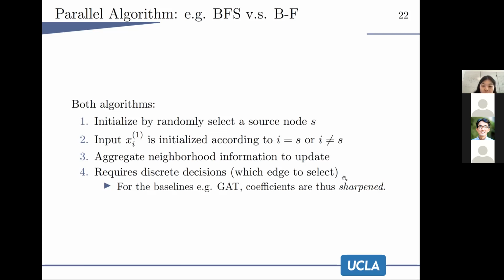Also, something to note is that for the baselines, for example the GAT, they also do some tricks to make it better fit into this problem setting. They make the coefficients as sharp as possible, which means they try to mimic the edge selection.